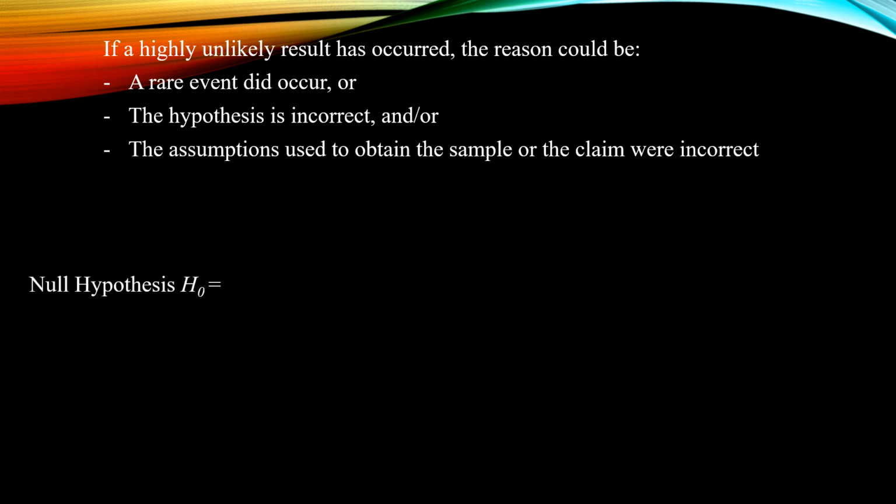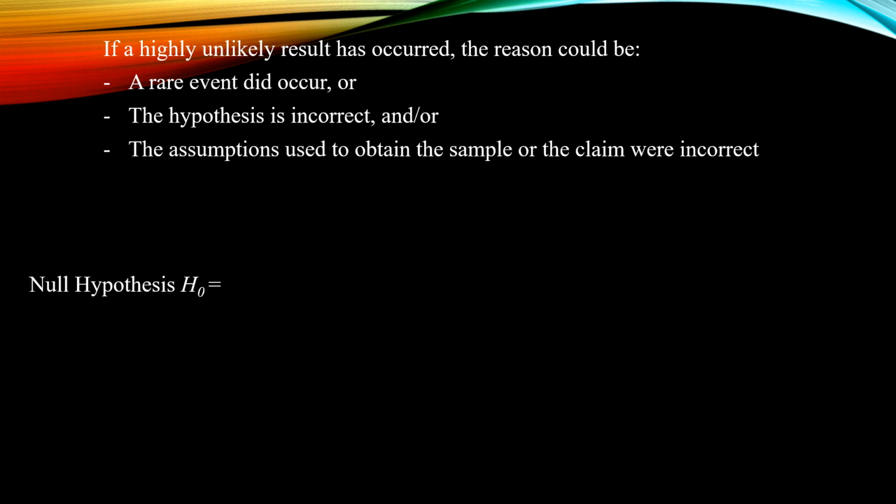So when we do a formal hypothesis test, we break the original claim into whether it has an equal sign or doesn't have an equal sign. If the original claim has a mathematical equality expressed in it, it becomes what's known as the null hypothesis.